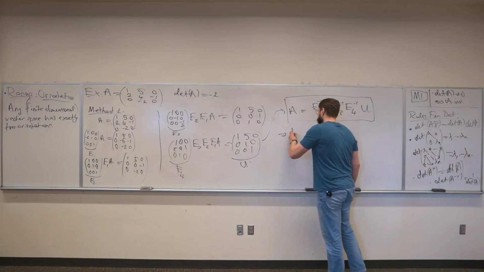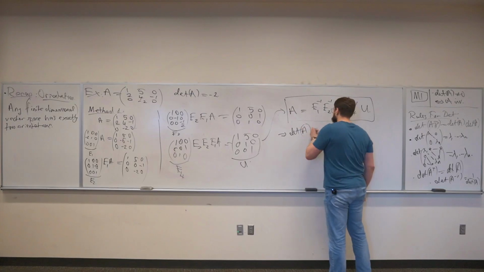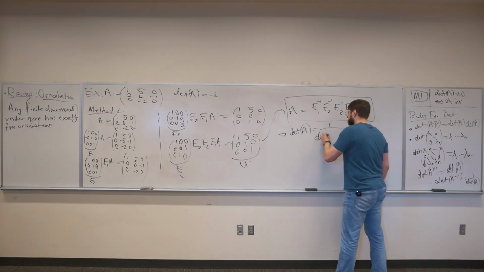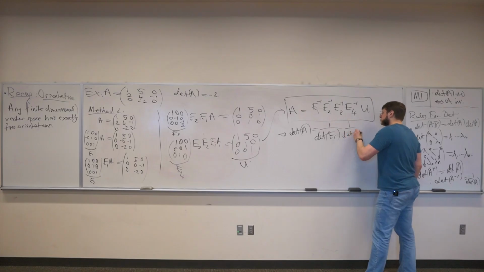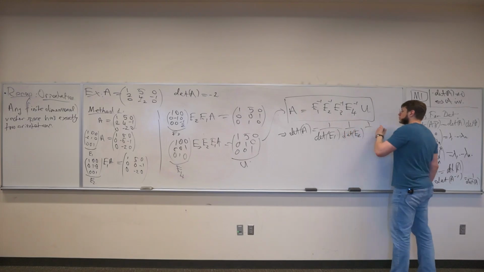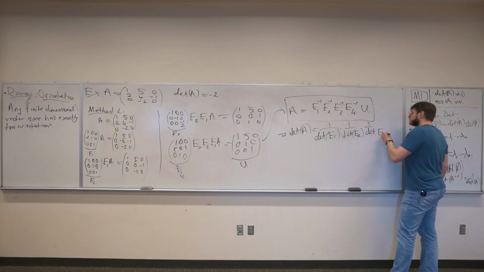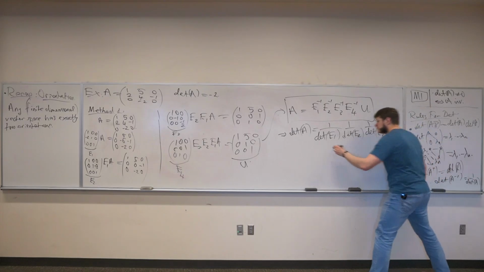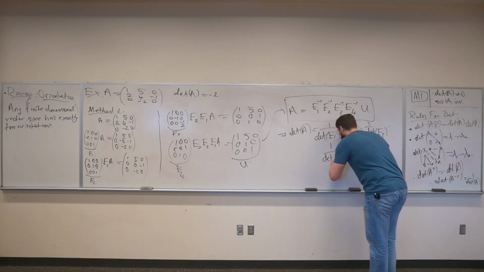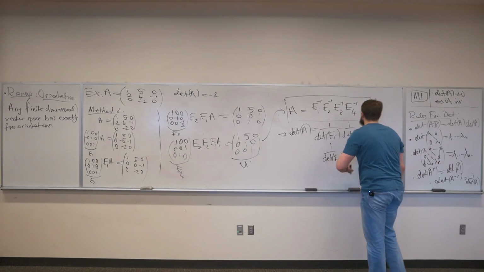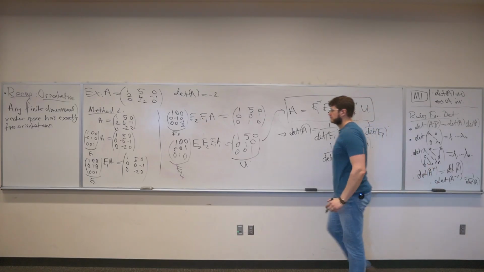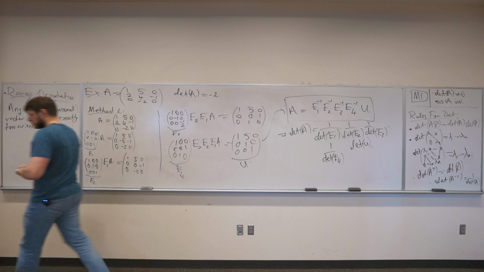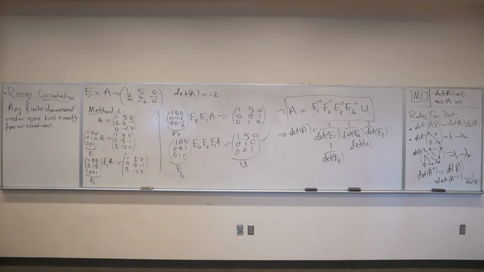So determinant of A is 1 over determinant of E1, 1 over determinant of E2, 1 over determinant of E3 times 1 over determinant of E4 times determinant of U. Okay, now we look.